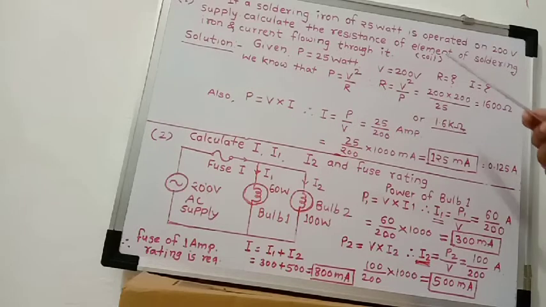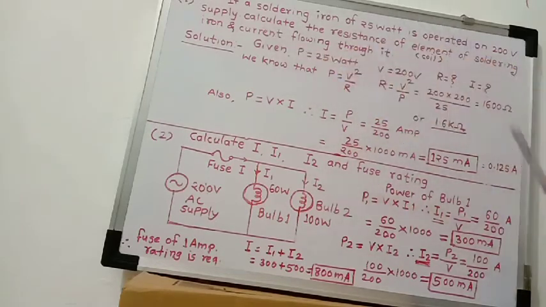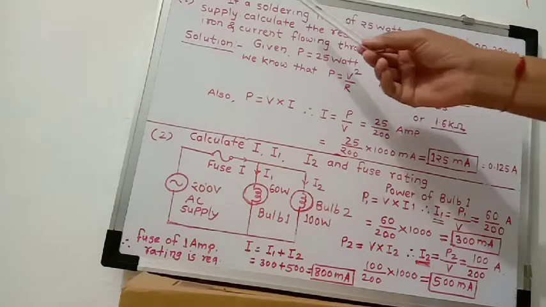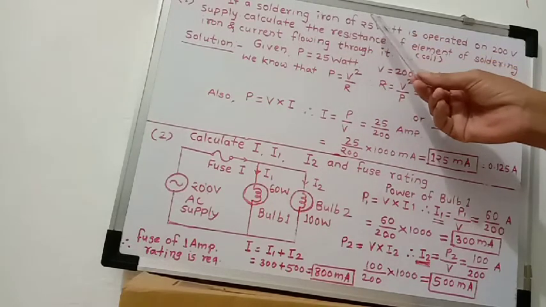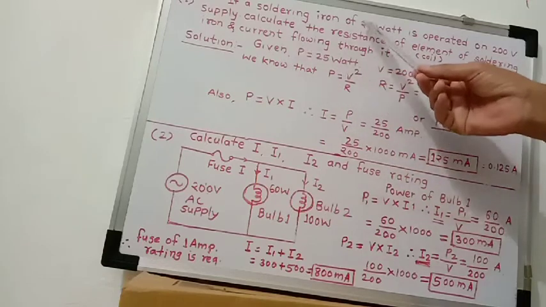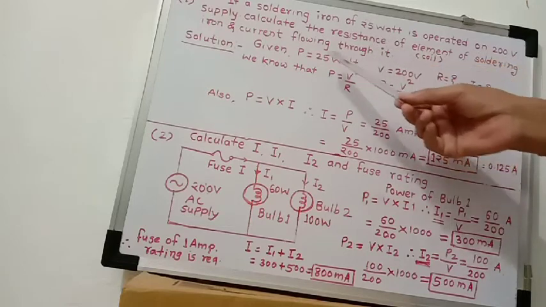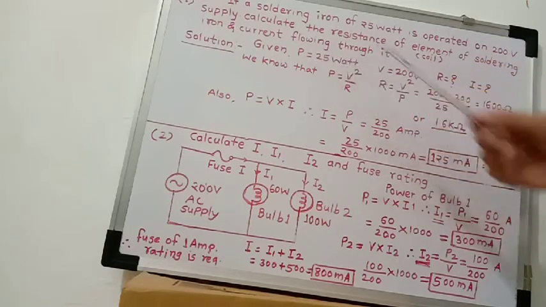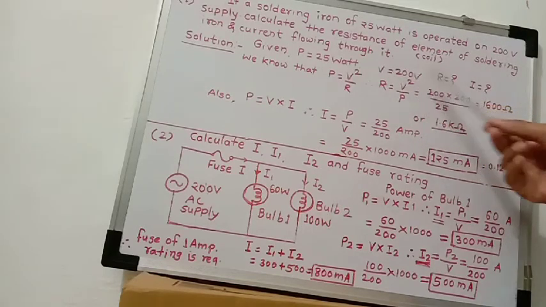That is, resistance R and current I. Here the power rating of the soldering iron is given, 25 watt, so P is equal to 25 watt, and it operates on 200 volt supply, so V is equal to 200 volt.